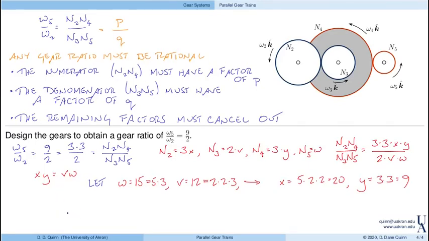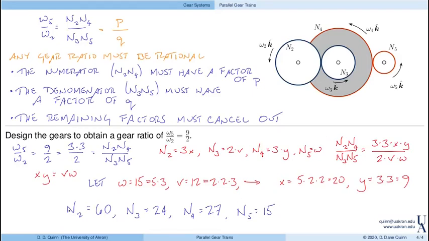As a result, we've designed our gear train, and N2 is 3 times 20, so that's 60 teeth. N3 here is 2 times 12, so 24. N4 ends up as 27. And N5, then again, is just w, which is 15.